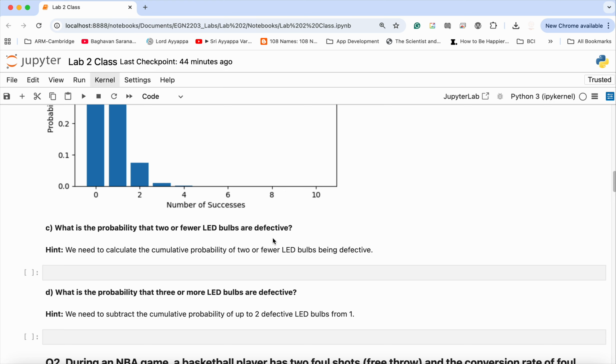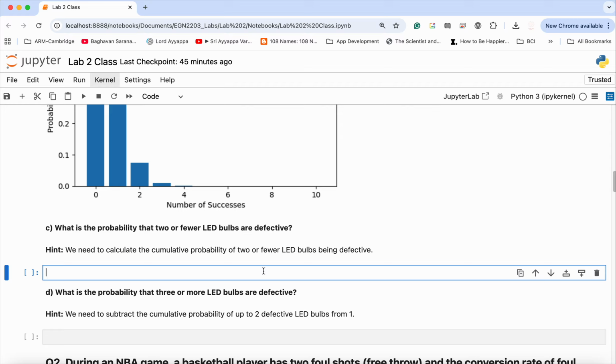But there is a better way to do this using a different function known as the CDF, the cumulative distribution function. Basically, all you need to do is again specify the k.